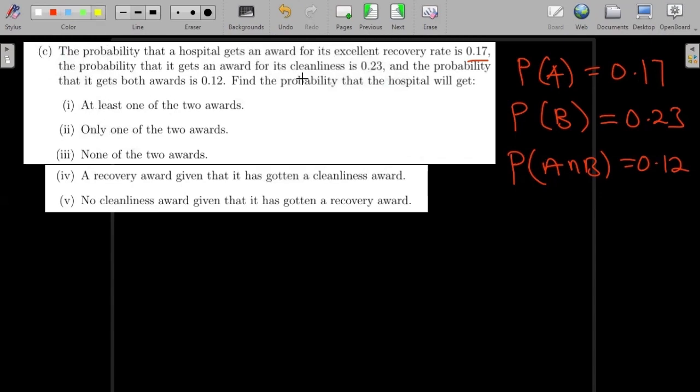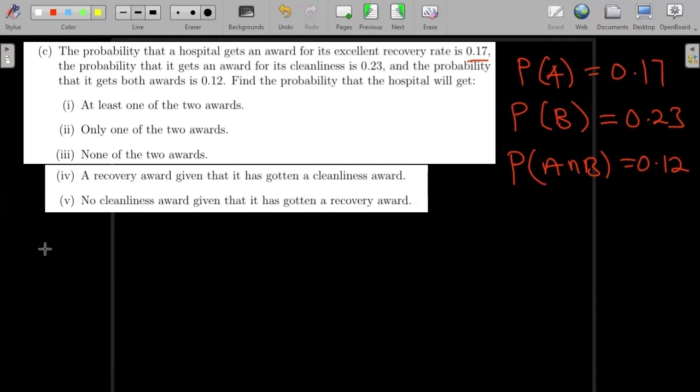The first one, they're saying find the probability that the hospital will get at least one of the two awards. So what does it mean to get at least one of the two awards? Either you can get only the one for recovery rate, or you can get only the one for cleanliness, or you can get both. That's what it means to get at least one.